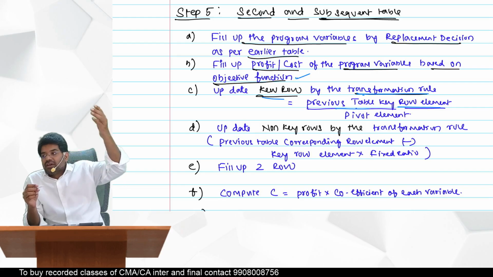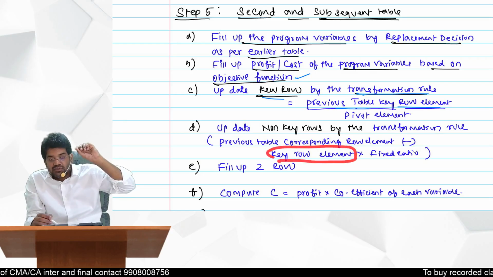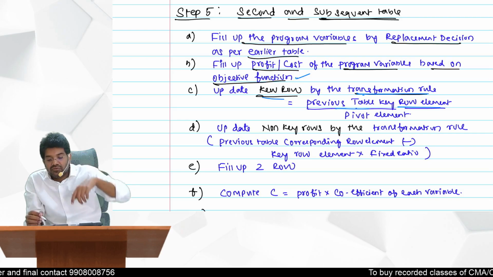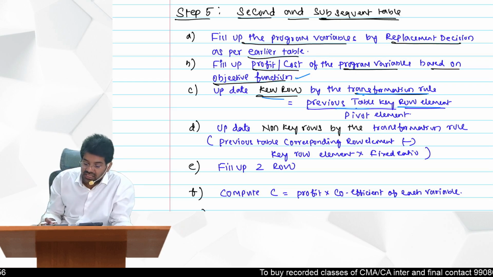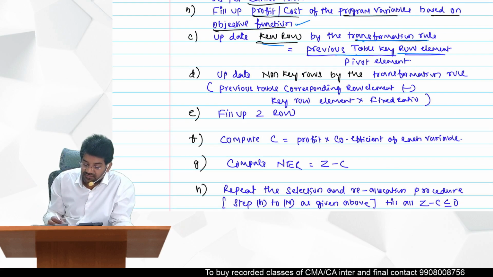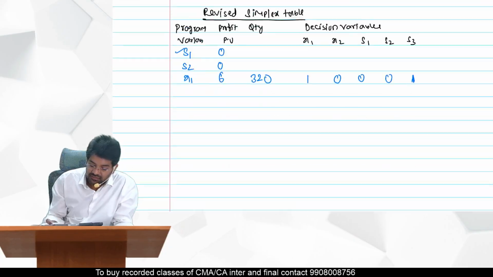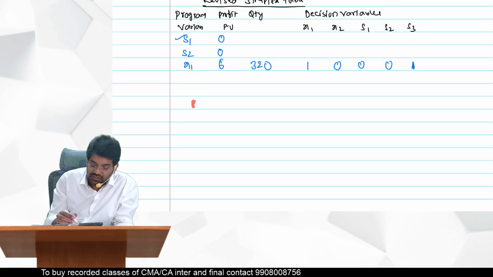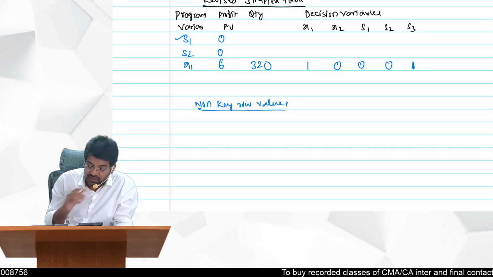So previous table values minus key row element, which row element? Key row element we should take into fixed ratio. So this is what we should follow to calculate the values of non-key rows. Let us calculate non-key row values now. Non-key row values I am showing here: S1.